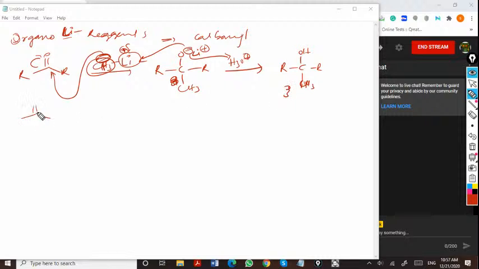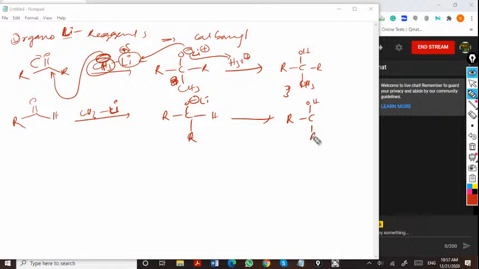When an aldehyde is treated, it is going to give a secondary alcohol, O minus Li plus, R, H. So this is secondary.